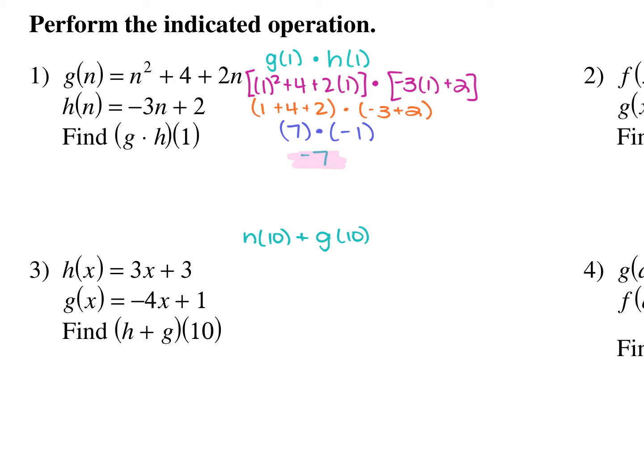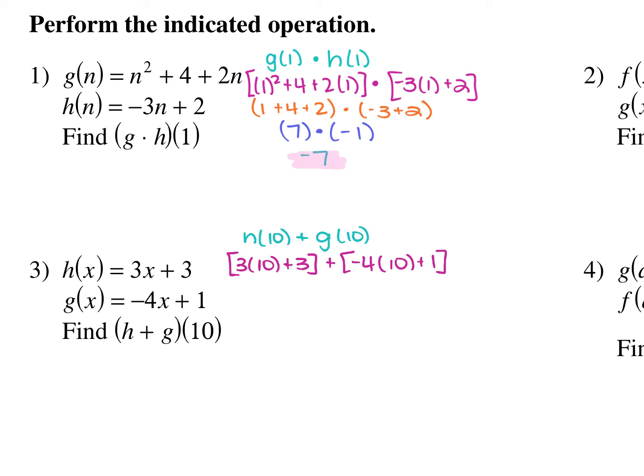So we're going to plug in 10 for x in h, then we're going to plug in 10 for x in g, and then add the 2. So for h, we have 3 times 10 plus 3. For g, we're going to have negative 4 times 10 plus 1.